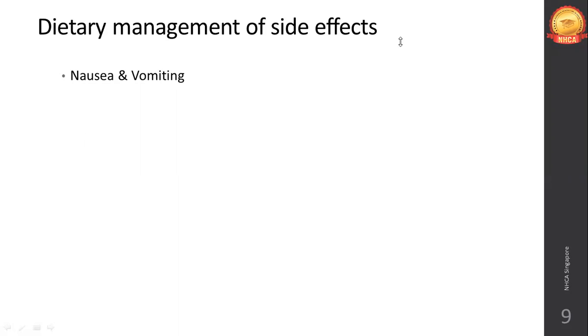Any form of biscuits, okay? Focus on glucose biscuits like Parle-G. So give these kinds of dry biscuits, dry food, to people who are suffering from severe nausea and vomiting, because the dry food will stay in the stomach.